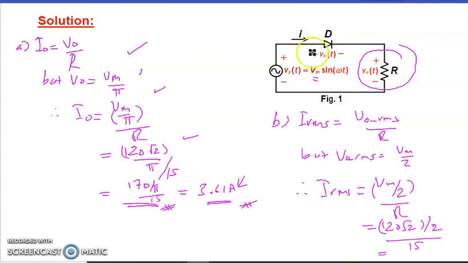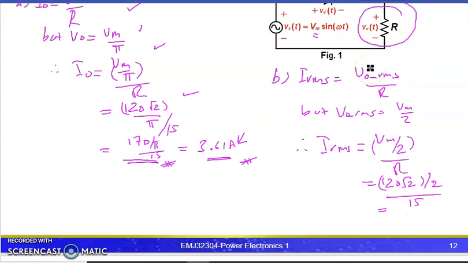We shall have 5.67 ampere. So you can solve gradually, 2 times 15, so you get 5.67 ampere.